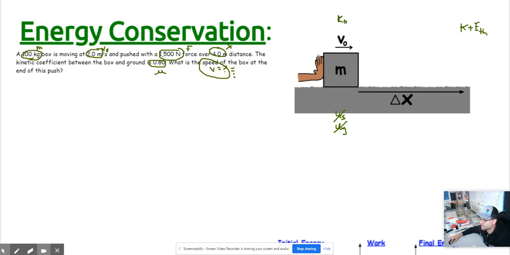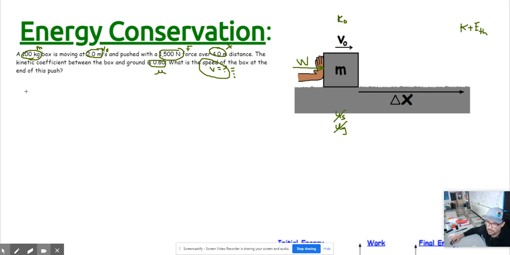And I'm going to say that this hand is an external environmental factor that's going to be putting in some work right here. It's going to be forcing us to the right, and we're going to be displacing to the right. So yeah, let's go ahead and go with that.